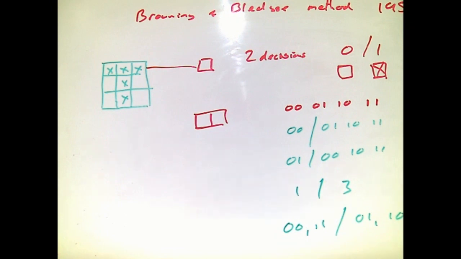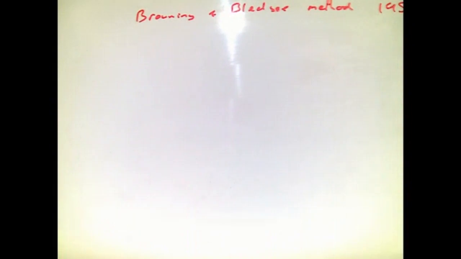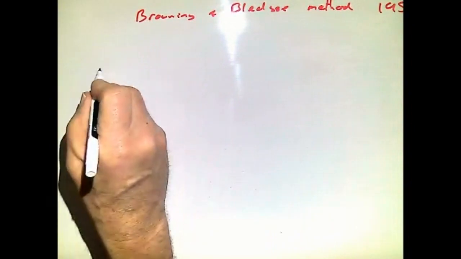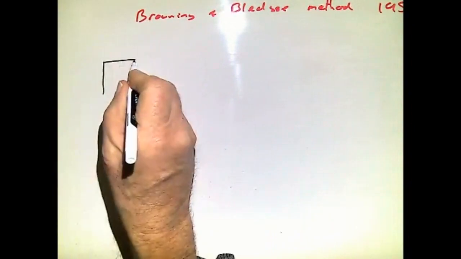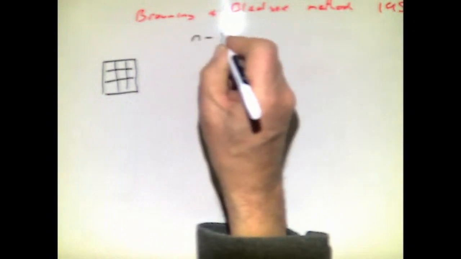And this is what Browning and Bledsoe got cottoned on to. They took an image and they called it the n-tuple method.